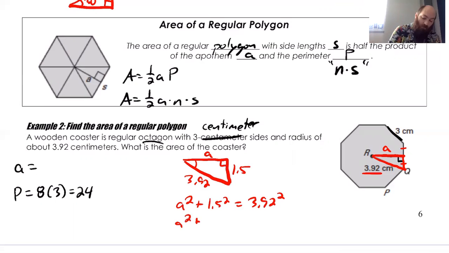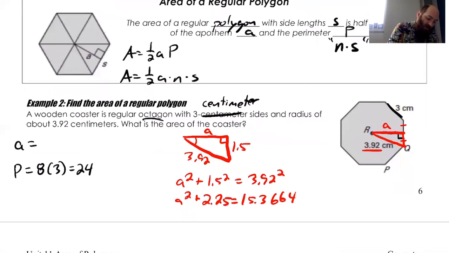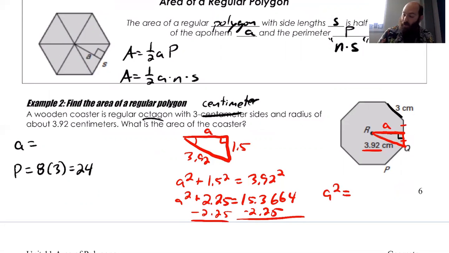So A squared plus 1.5 squared, which gives me 2.25, equals 3.92 squared, which is 15.3664. I'm going to use all my decimals here. So I can subtract this over. I'll rewrite over here: A squared is going to equal 13.1164.